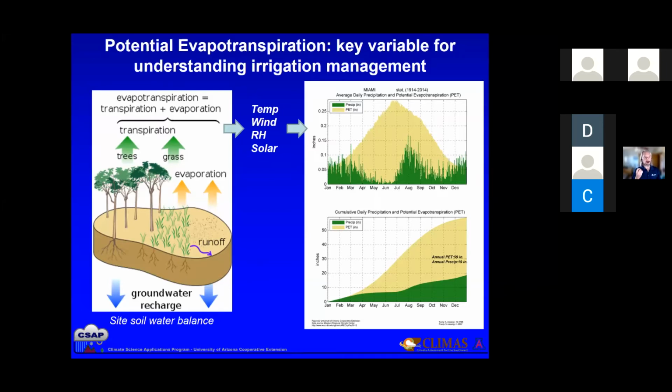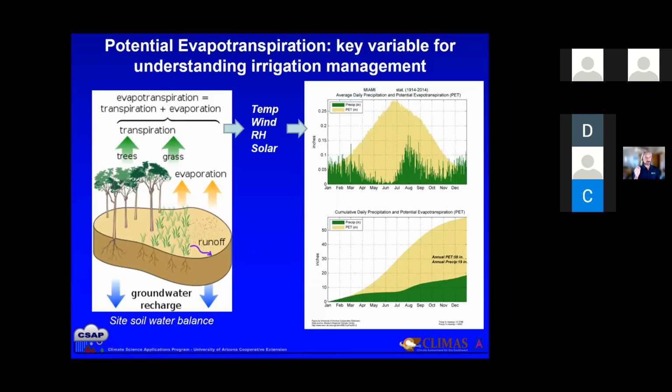And we are interested in this, especially in the desert Southwest, because it helps us understand water needs within agricultural applications and irrigation needs. So evapotranspiration, we can't measure directly very easily. We have to do this with instrumentation like flux towers. But climatologically and using weather data, we can think of this as potential evapotranspiration.